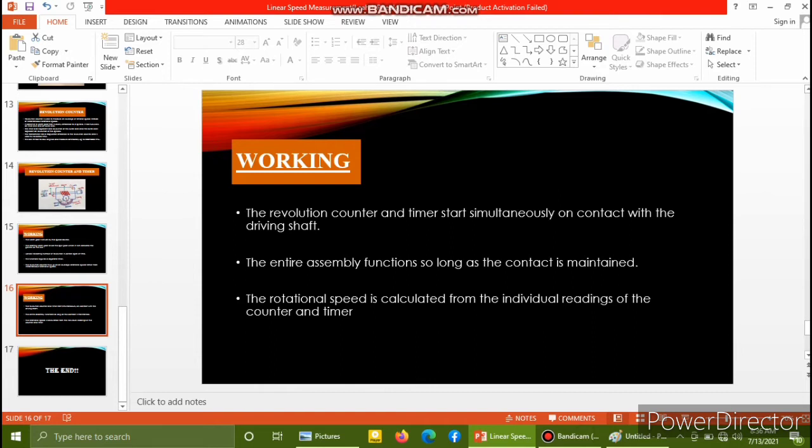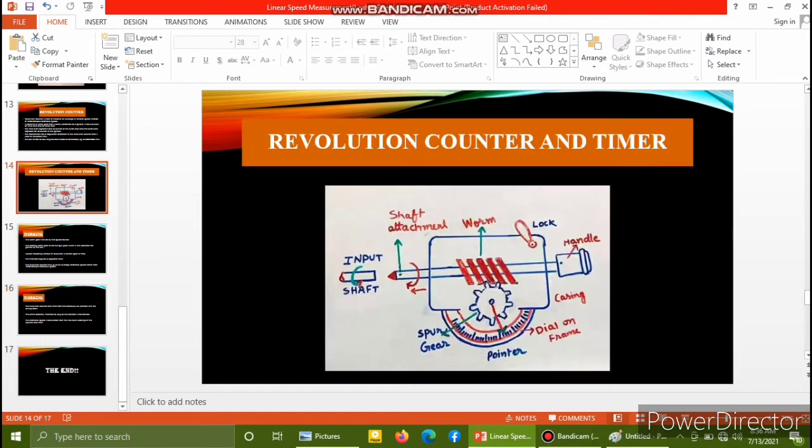This means that the revolution counter starts counting, and the timer also starts. For example, in 1 minute, let's assume there are 60 revolutions.